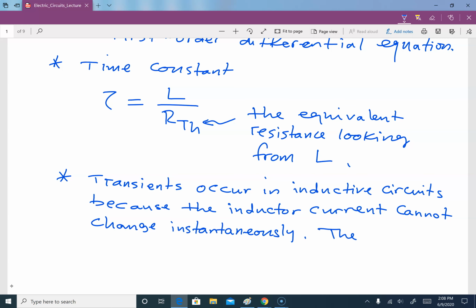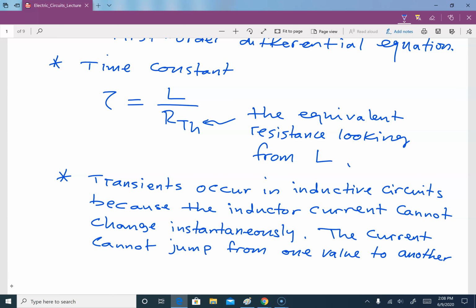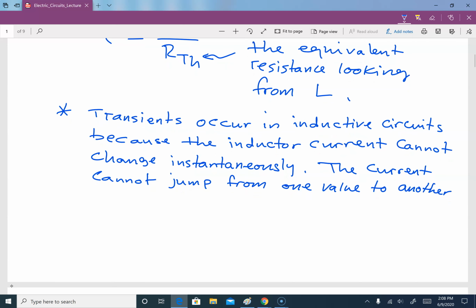So the current cannot jump from one value to another abruptly.